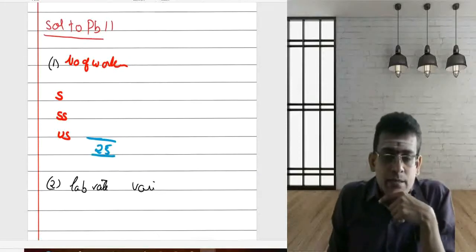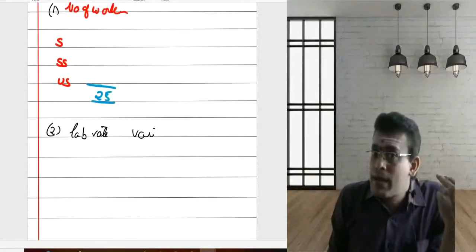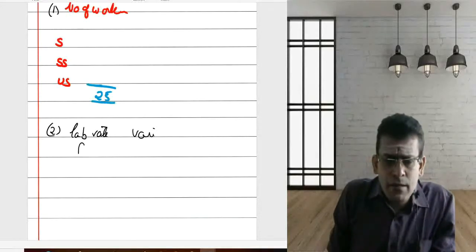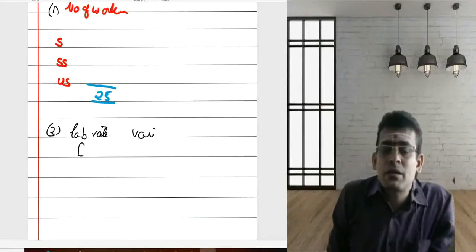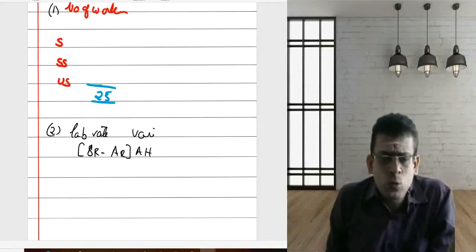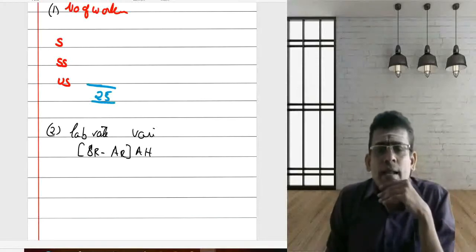So how do I calculate the labor rate variance? Simply put the formula. Rate variance is nothing but the difference in rate: standard rate minus actual rate, multiplied by the actual hours. That's it. If I do this, I'll get my labor rate variance.